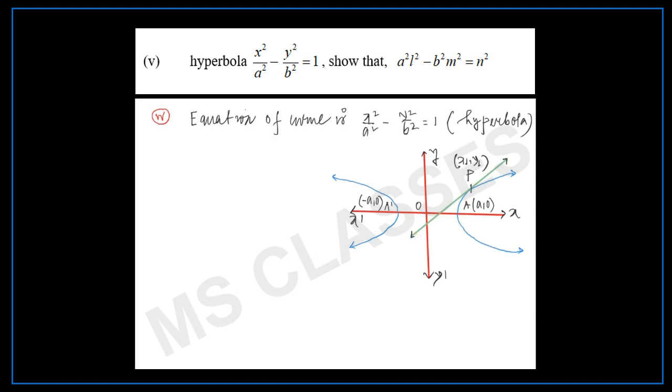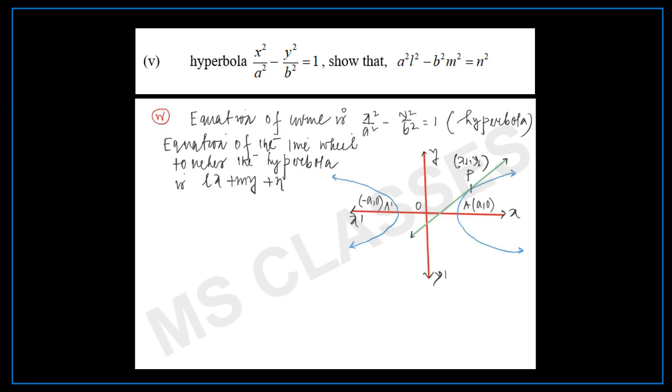Equation of the line which touches the hyperbola is Lx plus my plus n equal to 0. We mark that as equation 1. So this will act as a tangent. Now tangent at which one? At P x1 y1.